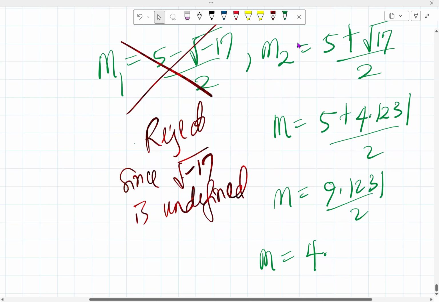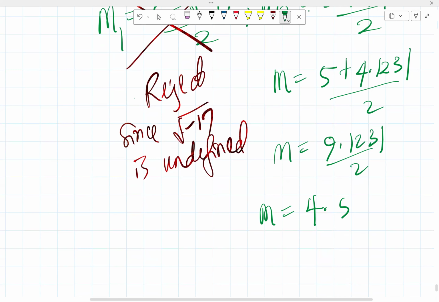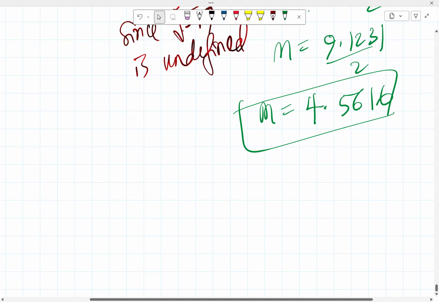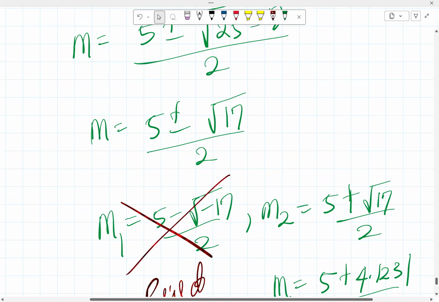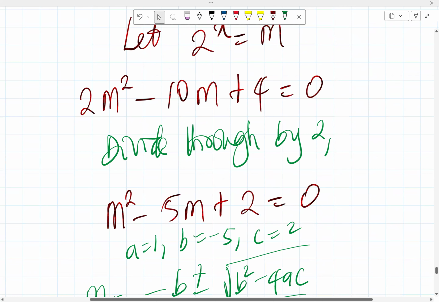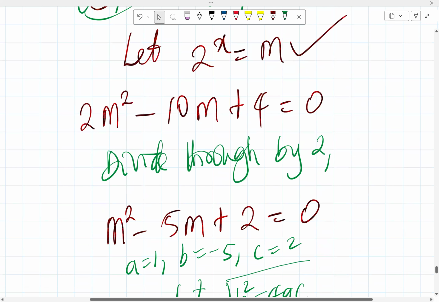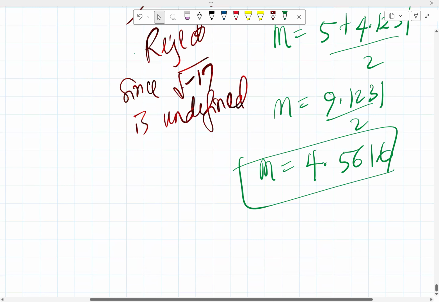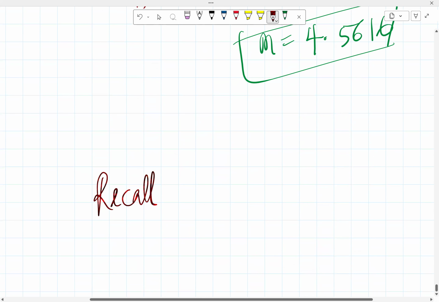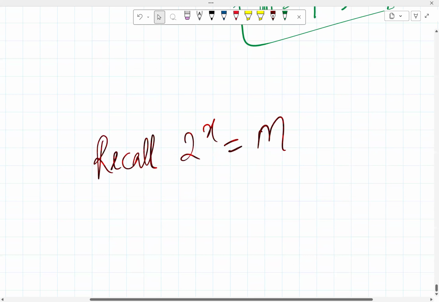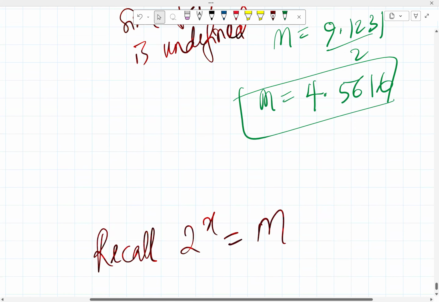So we have this, but don't forget we're not always working with m. m came in at this point. So recall, 2 raised to the power x is equal to m. The only case we have left is this.